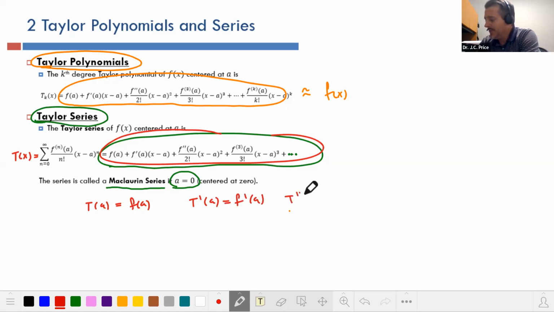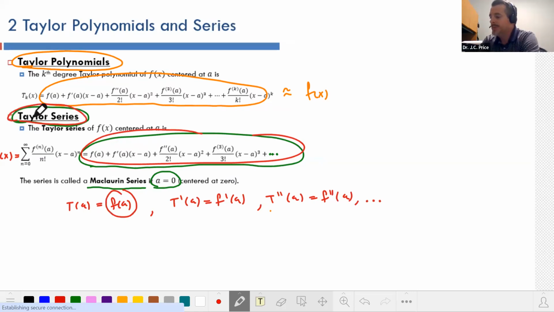If you do the second derivative and evaluate it at a, it'll be the same thing as the second derivative of the function evaluated at a, and so on and so forth. So this just goes on forever and ever and ever. So it's the power series that has this property, right? If you have a function and you can evaluate it at a, and the derivative at a, and the second derivative, if you want a power series that does that, that is actually the Taylor series, and that's how it's constructed basically.